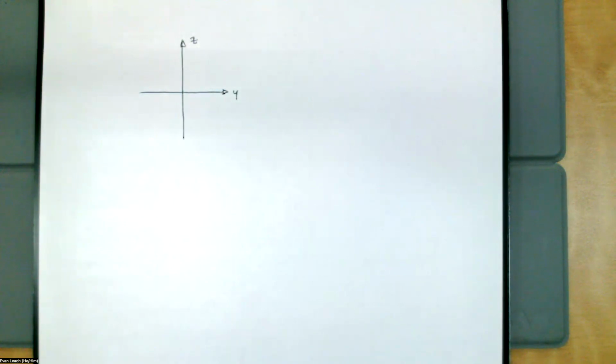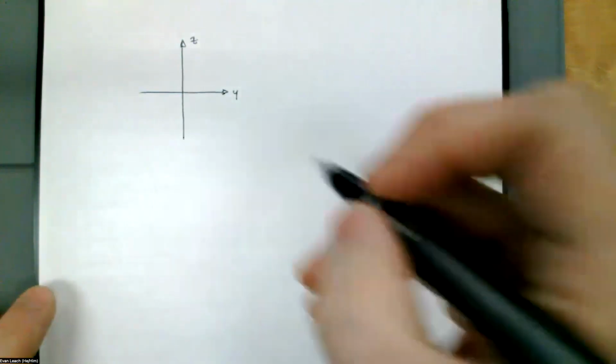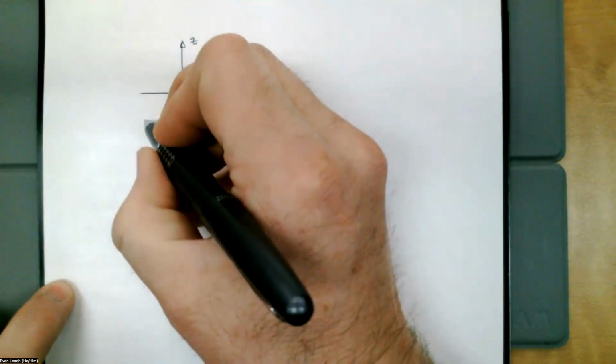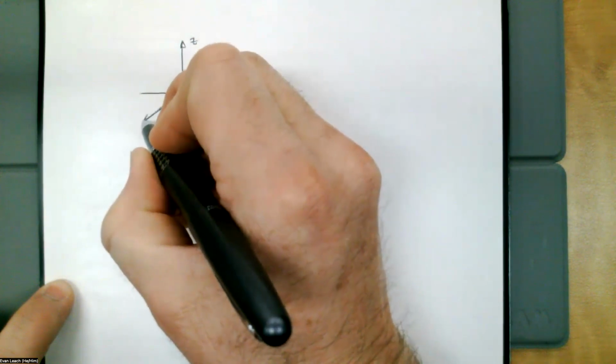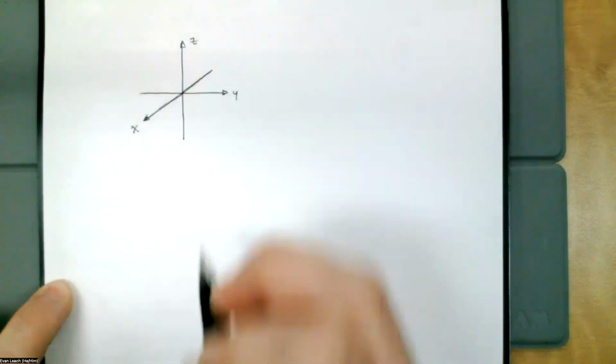Now the paper is done. Paper's like, oh, what are you going to do now? And we tell the paper, we're going to use our imagination, and we're going to draw this one. And the paper's like, oh, dude, what are you doing? That's in the plane of Y and Z.